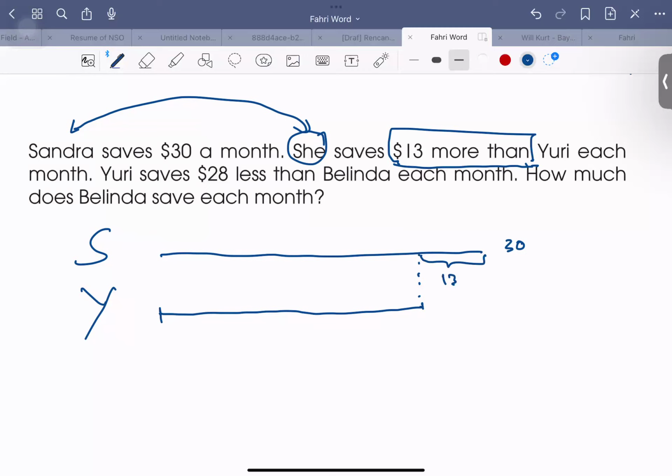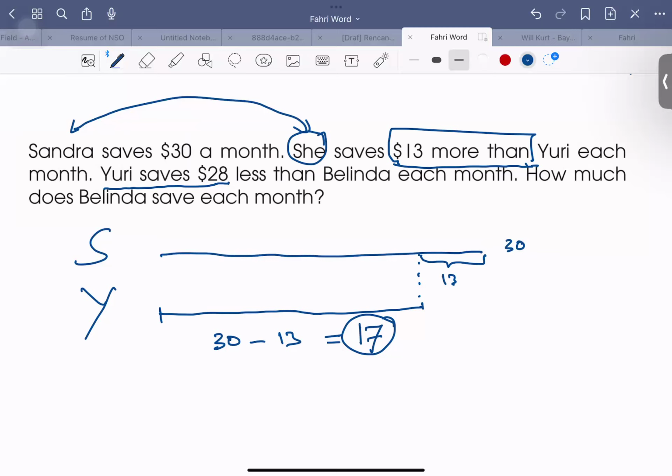That's why Yuri saves 30 minus 13 equals 17. Then Yuri saves $28 less than Belinda each month. How much does Belinda save each month?